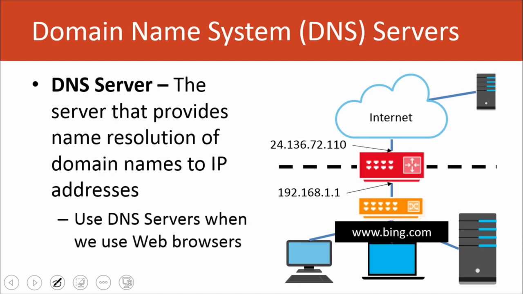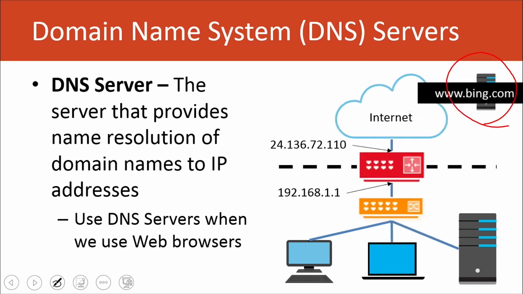But let's now pretend that that's not the Bing server, but it's actually a domain name system server, a DNS server. What's going to happen is we type bing.com into our browser, and that information is relayed to the DNS server.